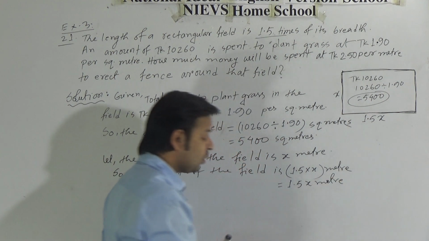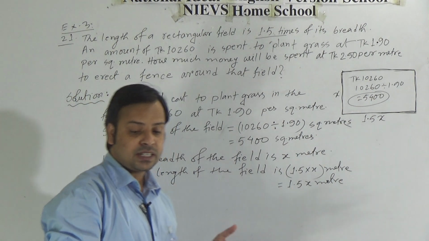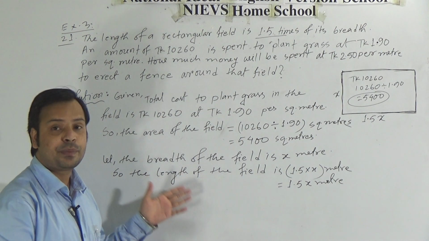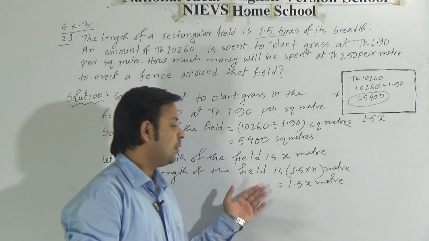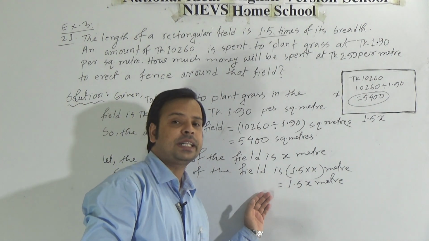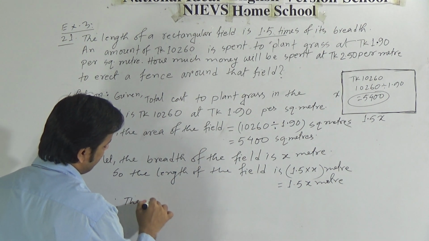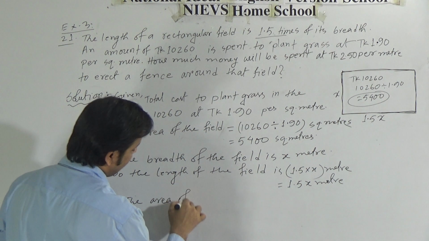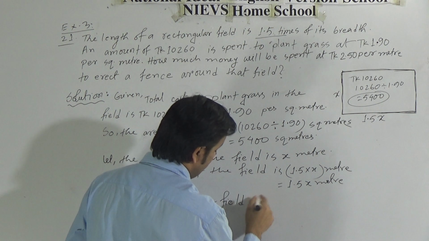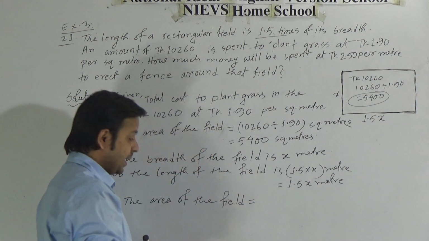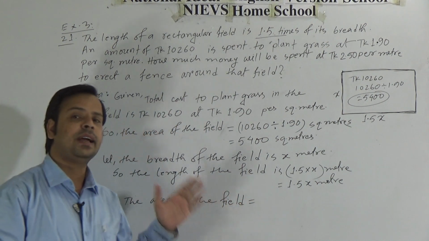Okay, dear students, so we have determined the length and breadth of the field. Now if we multiply these two, we will get the area of the field. As the field is rectangular in shape, the area must be the product of length and breadth.